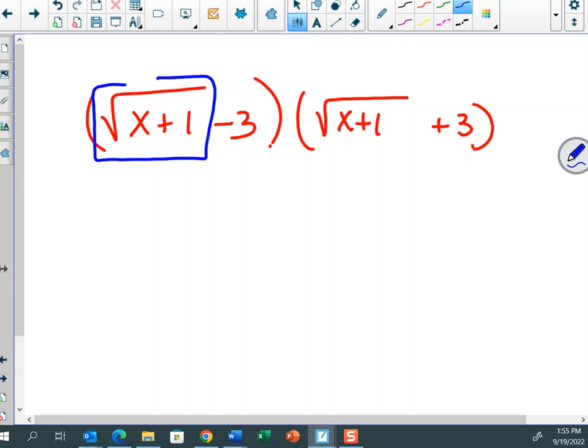When I take this piece times this piece, the root of x plus 1 times the root of x plus 1 gives me x plus 1. Are you okay with that? Okay.